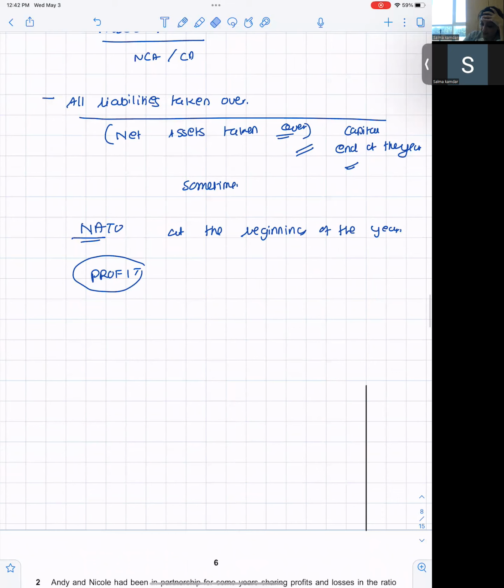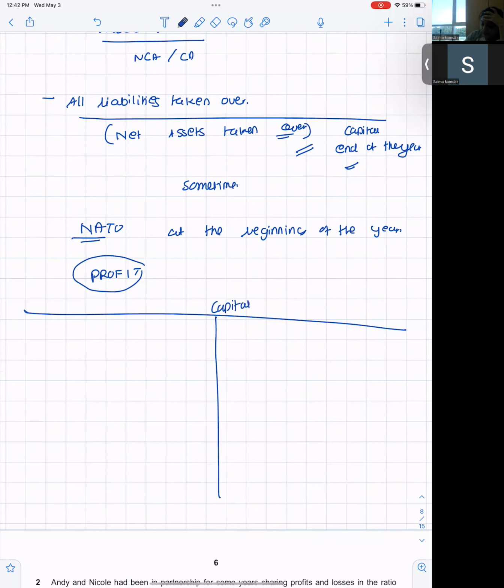You would prepare a capital account. The opening net assets would come on the credit side. Closing net assets would come on the debit side. Drawings will come on the debit side, and what you will get as a balancing figure would be your profit.